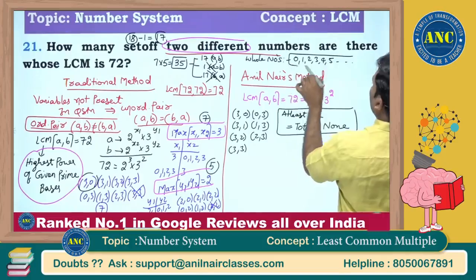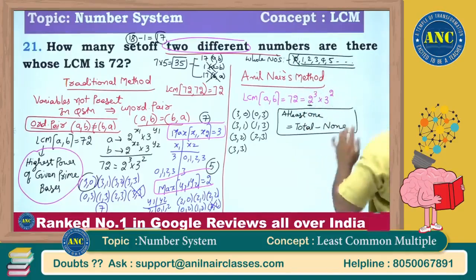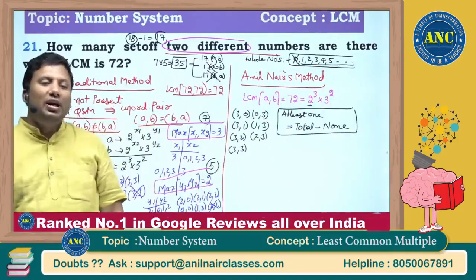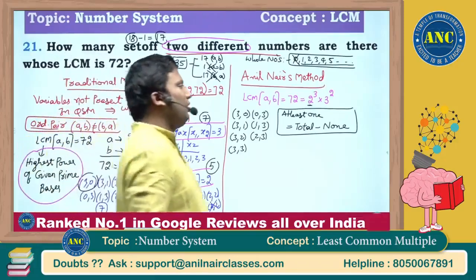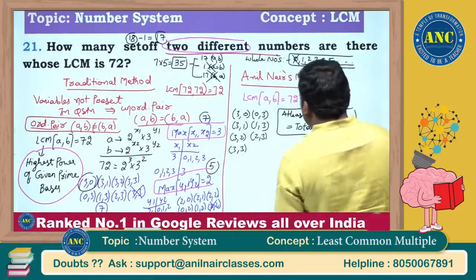These are total numbers. Minus none, where none is 0, I get at least one. At least one is defined as total minus none.